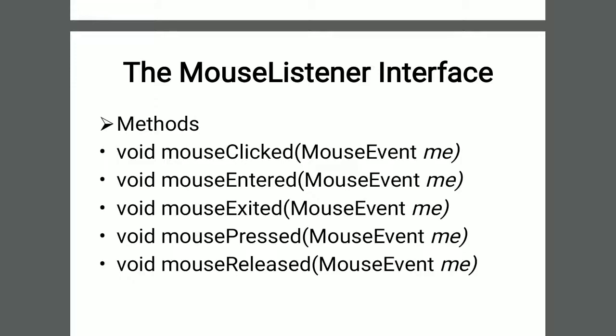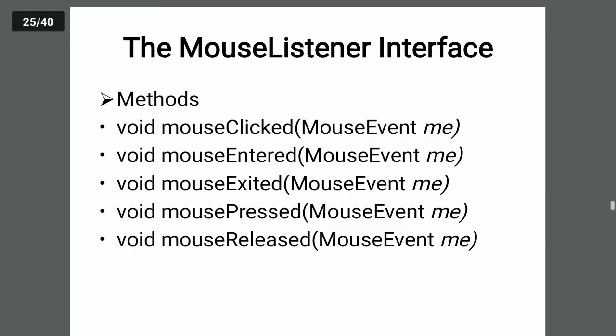It has abstract methods like mouseClicked, mouseEntered, mouseExited, mousePressed, and mouseReleased. These are the events implemented by this interface. When you want to implement these listed methods, you need to implement the interface called MouseListener.